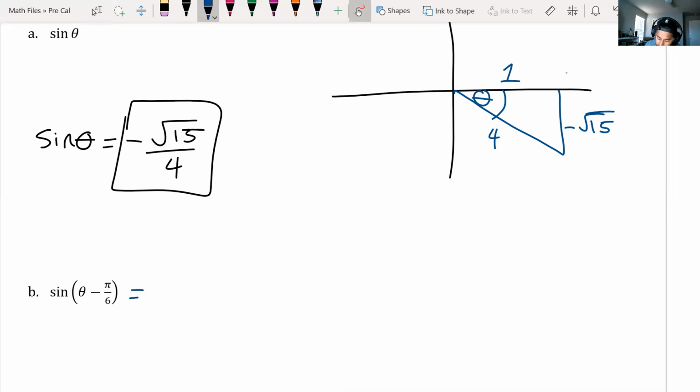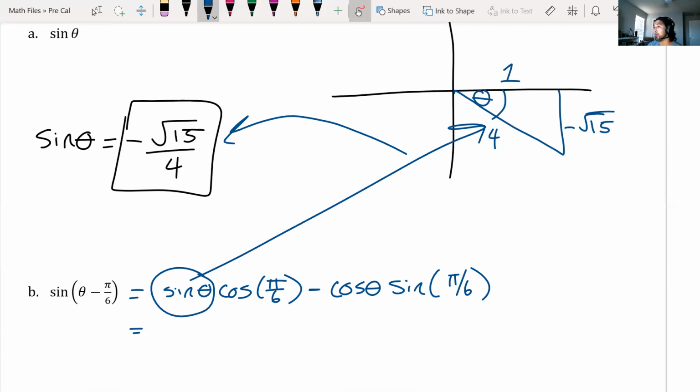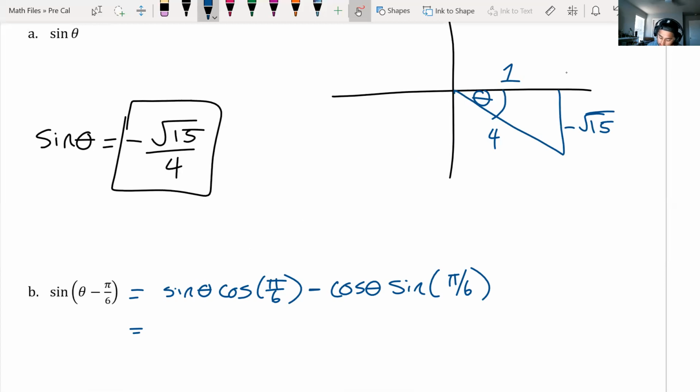So this is going to be sine theta cosine of pi over 6 minus cosine theta times the sine of pi over 6. Sine theta is the negative square root 15 over 4, which relates to this triangle. What is cosine at pi over 6?